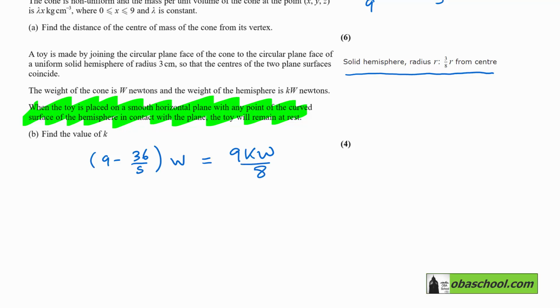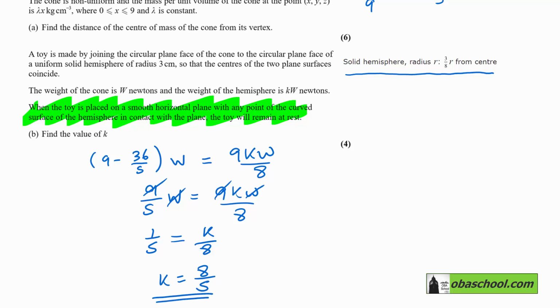That's the result for the hemisphere. So we get 9 over 5 W is equal to 9 kW on 8. And 9s cancel, Ws cancel. So we get 1/5 is equal to k on 8, giving us that k would be 8/5.